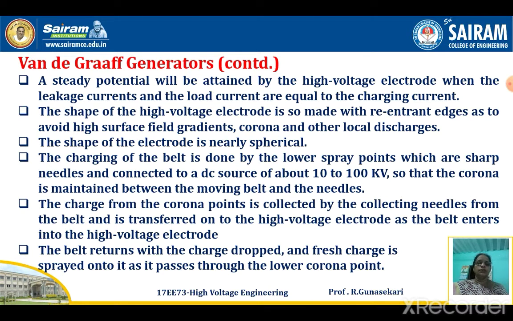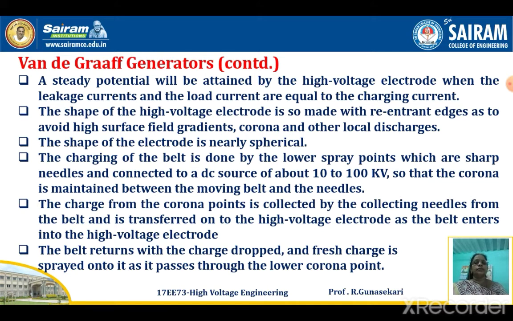The charging of the belt is done by the lower spray point. Already we see in the diagram, below there are sharp needles connected to the DC source, which is 10 to 100 kV. Therefore the corona is maintained between the moving belt and the needles.